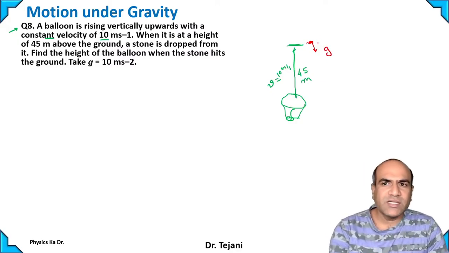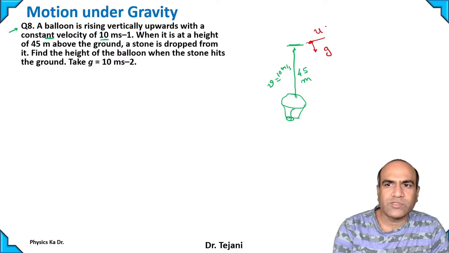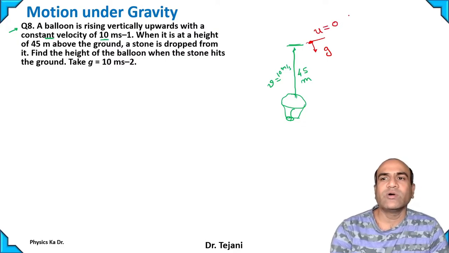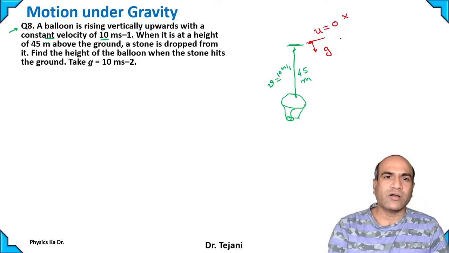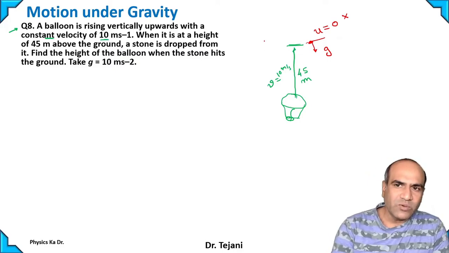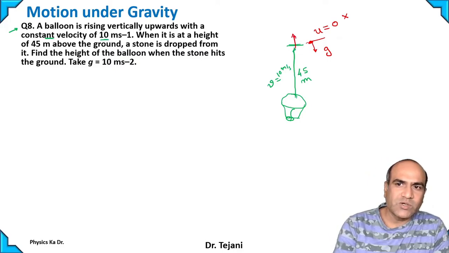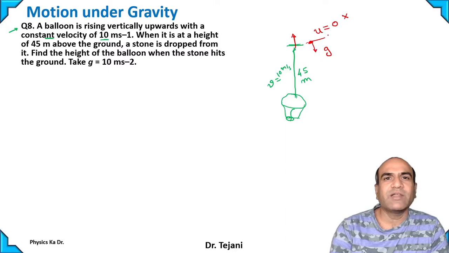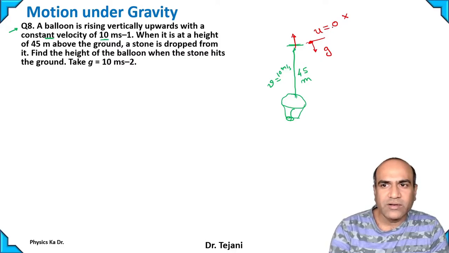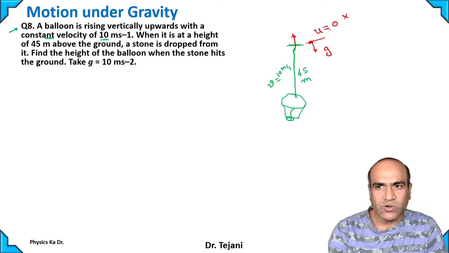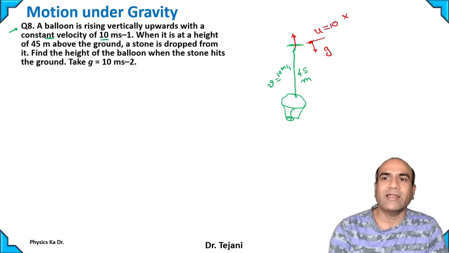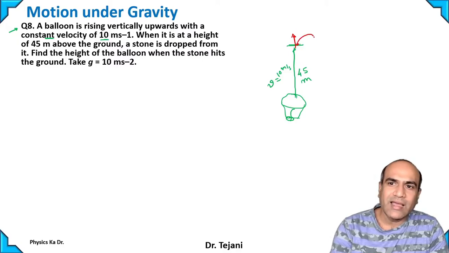Right. So if you consider here stone's initial velocity u is equal to 0, then you are wrong. Here balloon is moving upward, that means stone is also moving upward. Therefore, initial velocity of stone is not 0, it is 10 meter per second.